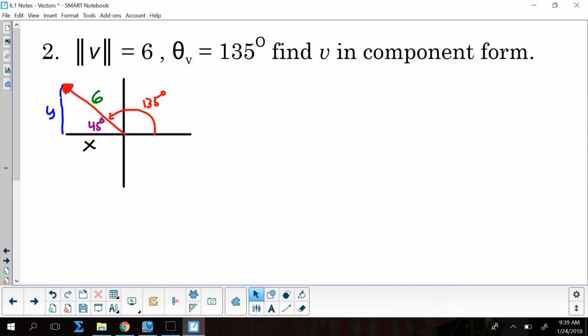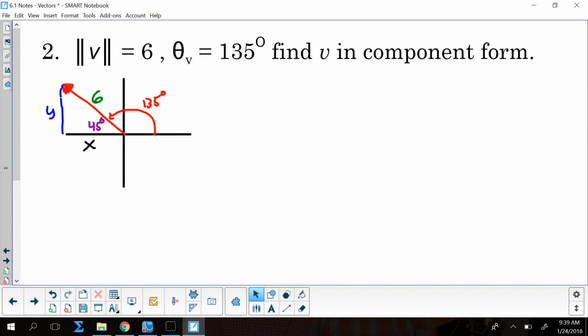Correct? So how am I going to find that y part and that x part? What do you got? We could remember those.